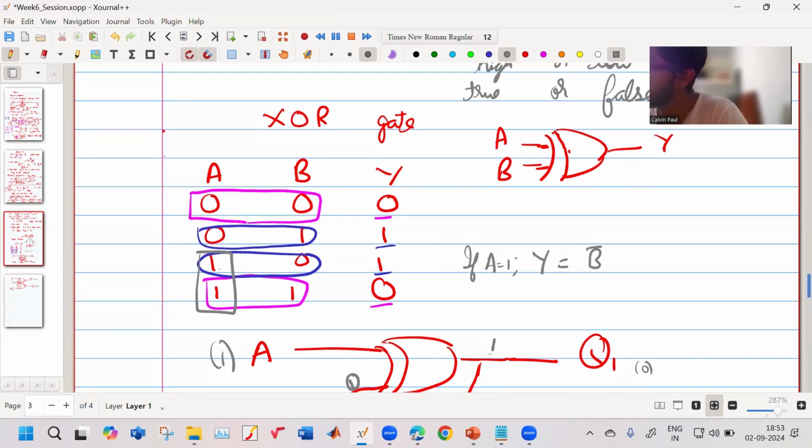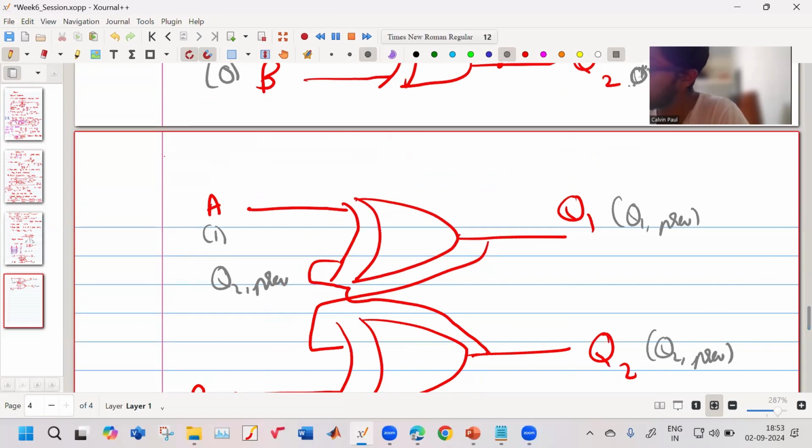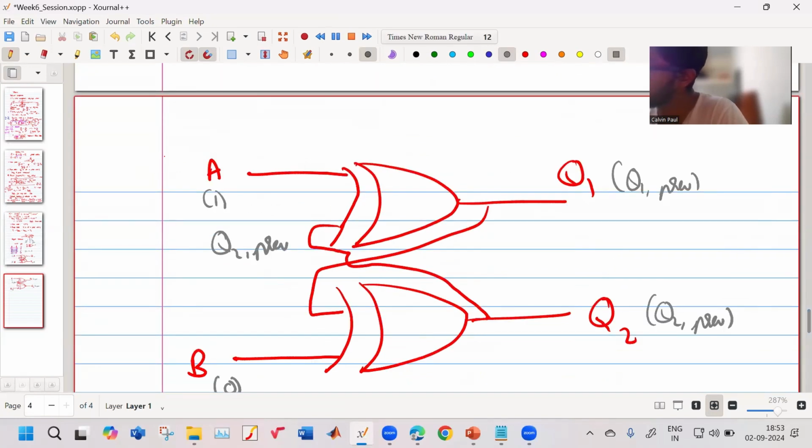So here your A is 1, your output is Q2 previous. That means your Q1 previous will be equal to Q2 bar previous. So both of them are complementary. If this is 0, this has to be 1. So we have understood that Q1 previous will be the complement of Q2 previous because of this XOR connection.